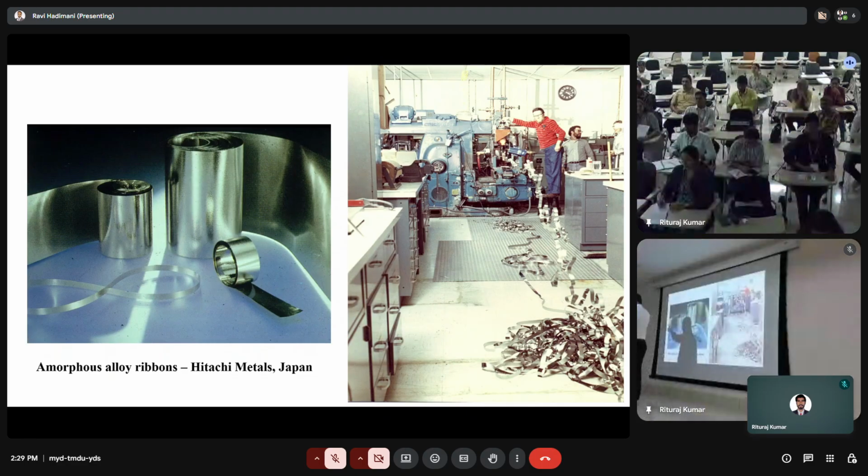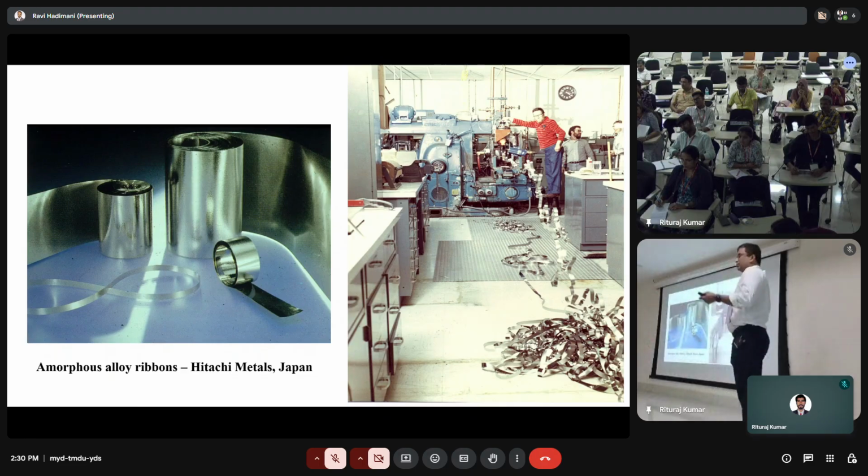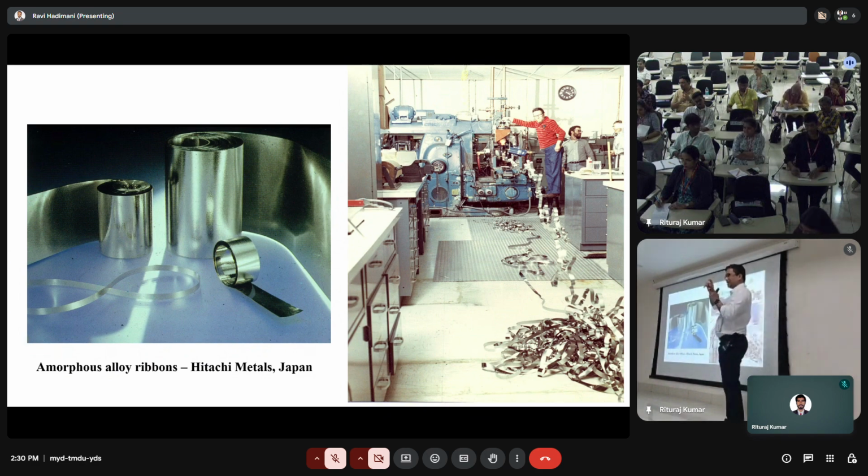You remember XRD has peaks that represent different planes of a crystal. There is no crystal here. There won't be peaks. Remember Bragg's law: when two X-rays are separated by the lattice spacing d, n lambda equals 2d sine theta.